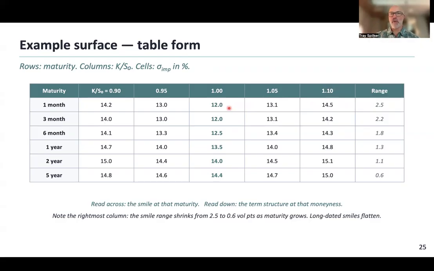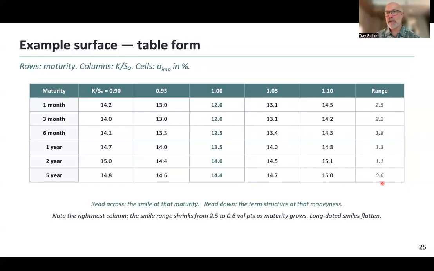That's kind of the slope, if you will, going down in the valley of the U, of 2.5. And as the maturity increases, you'll notice that the range is more narrow, right? So between 15 and 14.4, or 0.6 in this case.